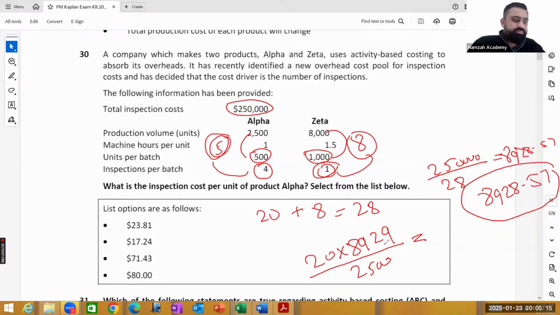Now if you solve it, 20 into 8929 divided by 2,500, it would be 71.43. So option C is the answer. 71.43 precisely.